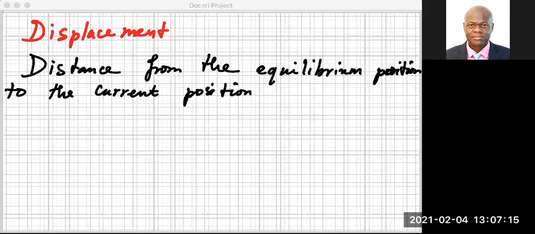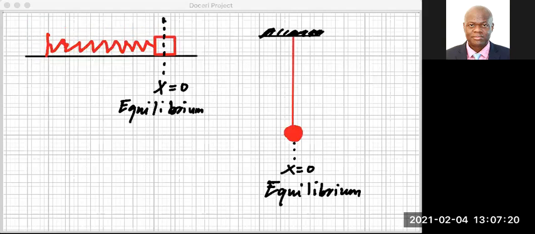So let's go back one slide. In these diagrams, the displacement of the objects is zero because both are located at equilibrium. So there's no change in position from equilibrium.